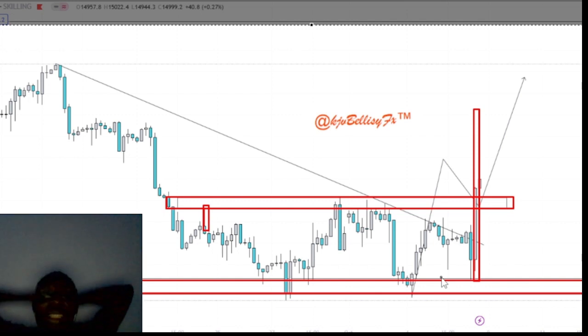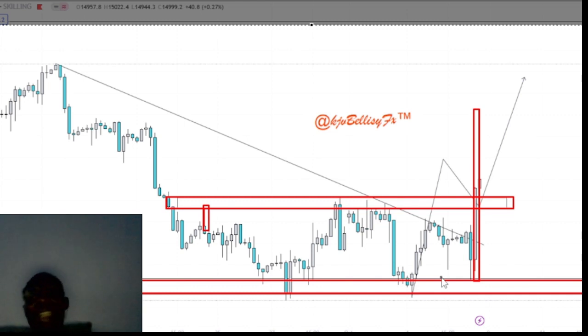If price has not gotten to a key level, I will not think of reversal. Those people that love reversal, it's buying already, no, don't trade like that. If price has not gotten to a key level, I will not look for reversal. I will just follow the trend to the end. As far as price is still here, I sold this downward because it has not gotten to a key level.